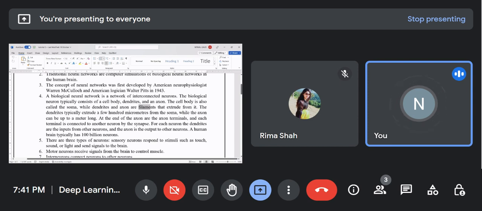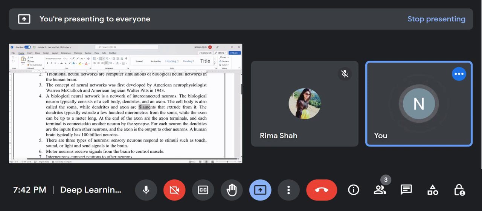The dendrites typically extrude a few hundred micrometers from the soma. That is the length of the dendrites from the soma. While the axon can be much longer, up to 1 meter long, and at the end of the axon are the axon terminals, and each terminal is connected to another neuron.